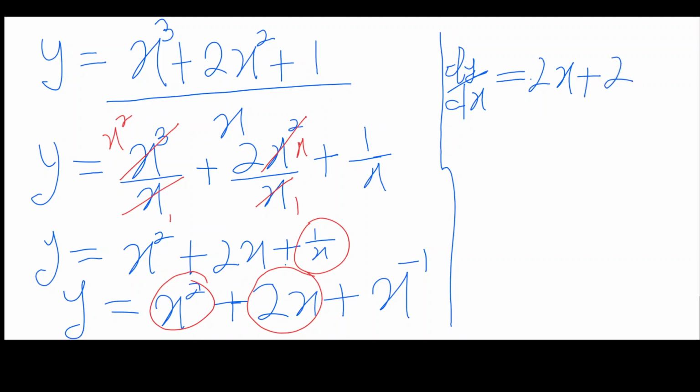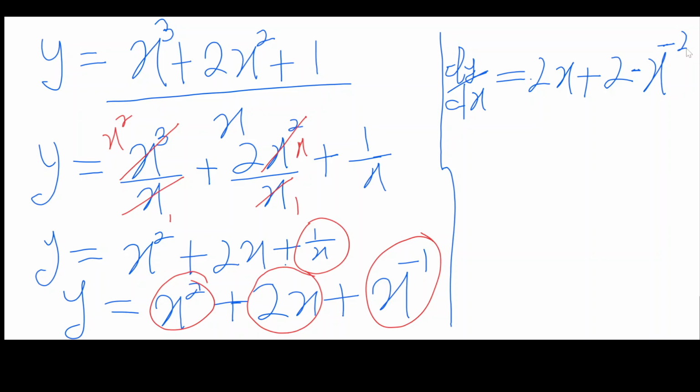But the differentiation of this is going to give us negative x. Then I'm going to be subtracting the power by 1. So negative x to the power of negative 2. So it's going to become minus x to the power of minus 2.